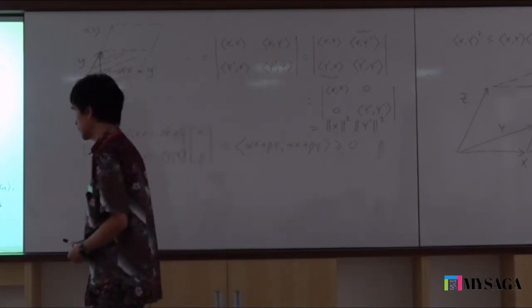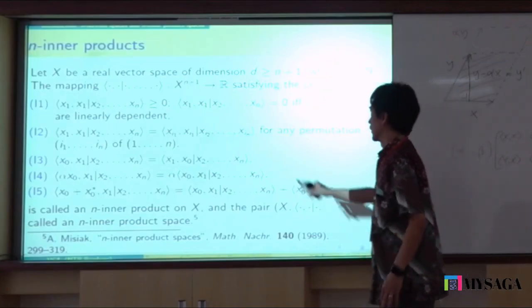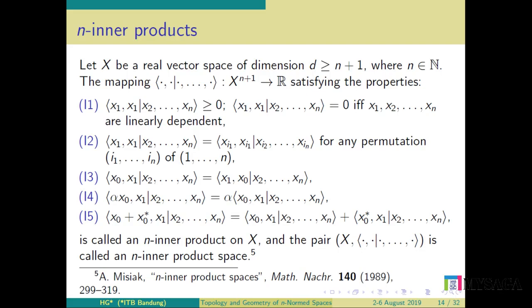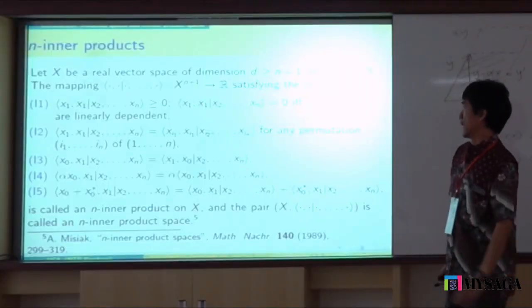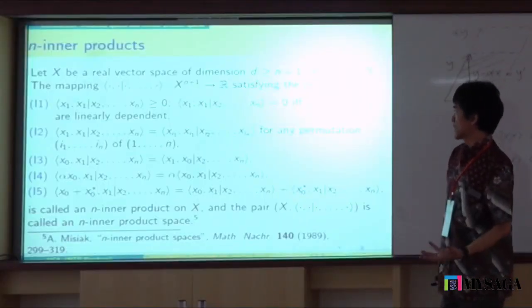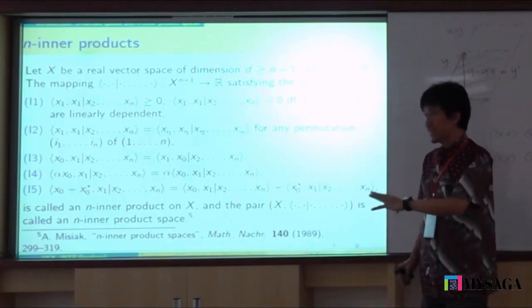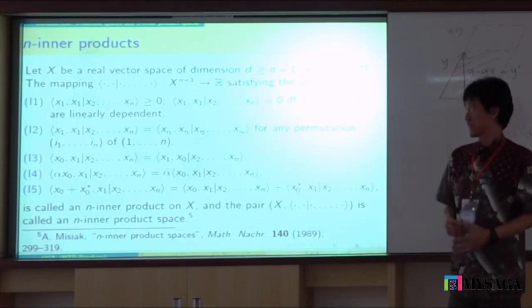Here x2 up to xn plays the same role as z, and the first two vectors x0 and x1 play the same role as x and y. So the function is bilinear in the first two vectors.